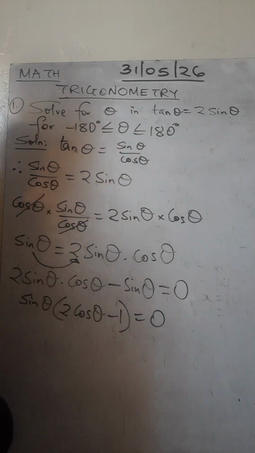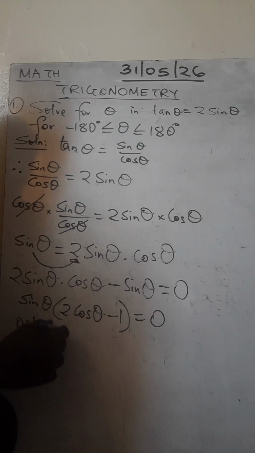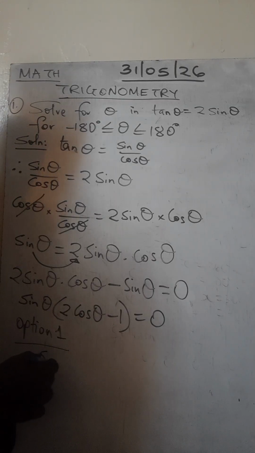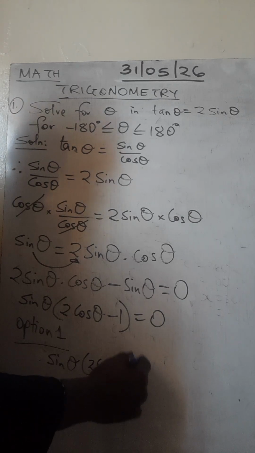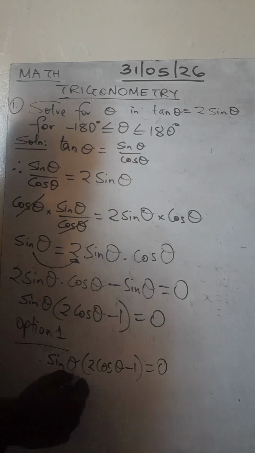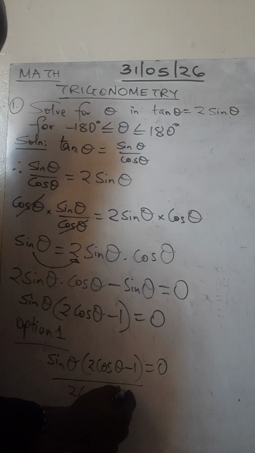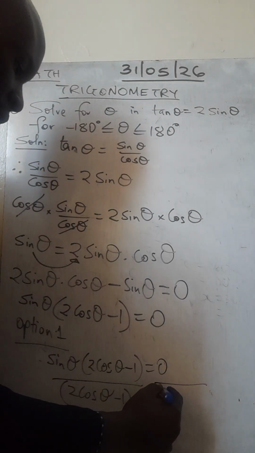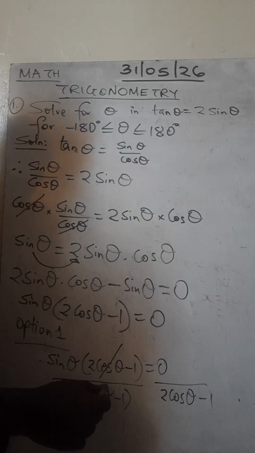Now what you need to understand here is that there are 2 options. Option 1, you can divide both sides by 2 cos theta minus 1, so that this one cancels this.